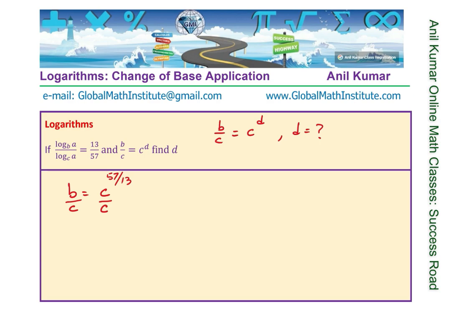If I divide both sides by c, I do get b over c, and that is equal to c to the power of 57 over 13 minus 1, which is c to the power of (57 minus 13) over 13, right? So now we can simplify this and write it as c to the power of 44 over 13. Make sense?